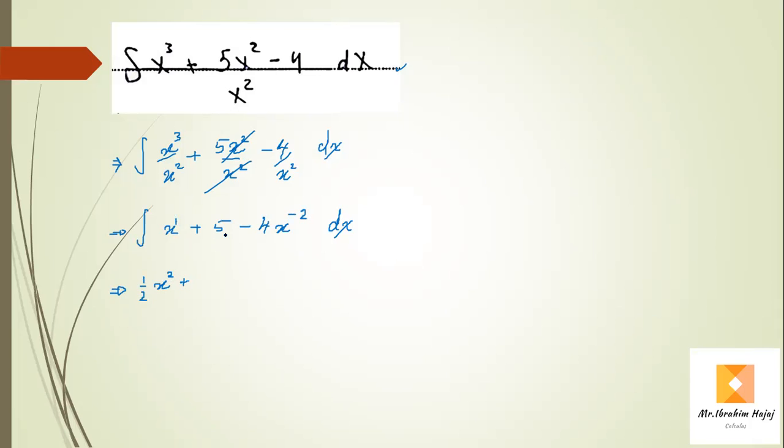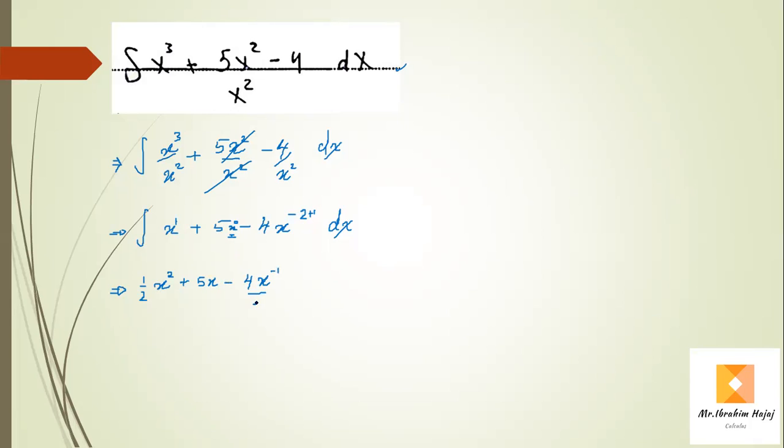Then the plus integral of 5x squared over x squared is 5x to the power of 0, because x to the power of 0 is 1. So now it's 5x, power 1. For the minus 4x to the power of negative 2, we add 1, so it becomes negative 1.